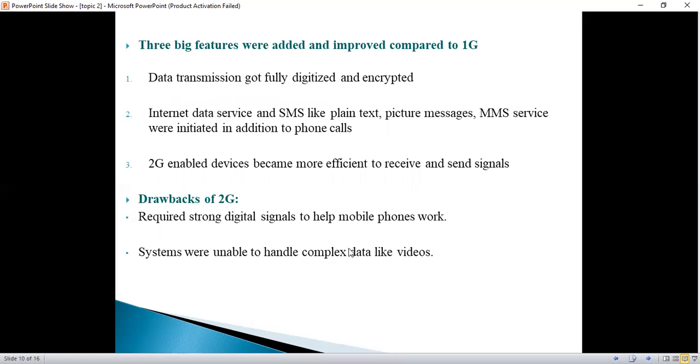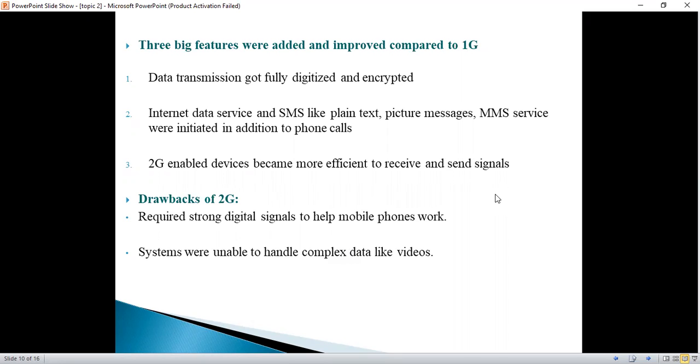What were the features that were improved that were not in the 1G, right? Data transmission got fully digitized and encrypted, right? Internet data services and SMS, like I already told you, SMS and MMS were introduced here, right? The drawback is that they require digital signals, meaning we have come to digital, so they need strong digital signals, right?